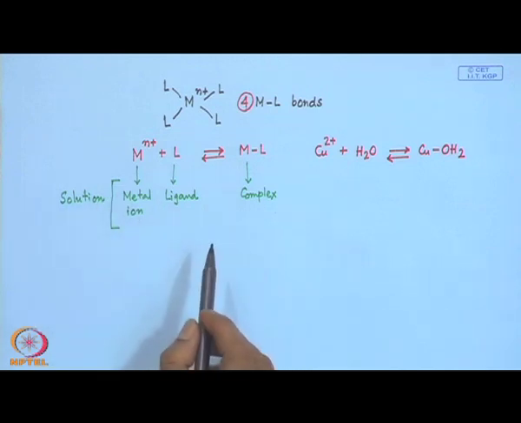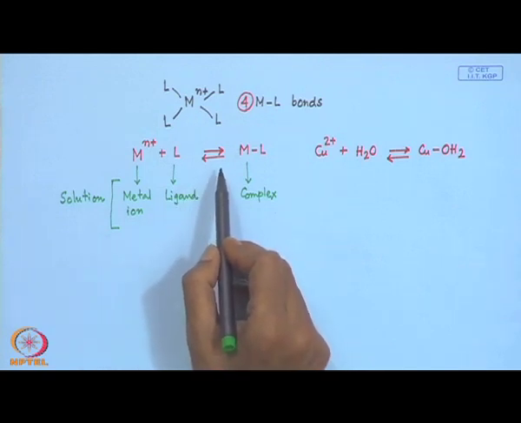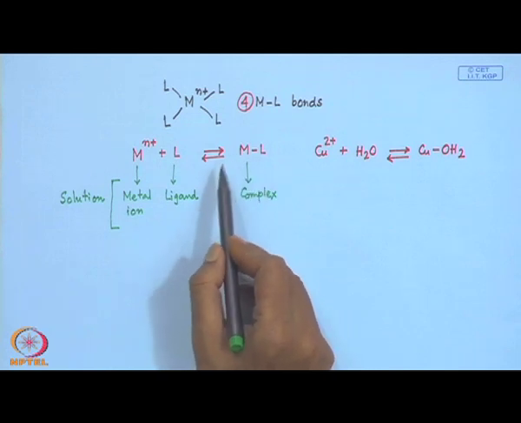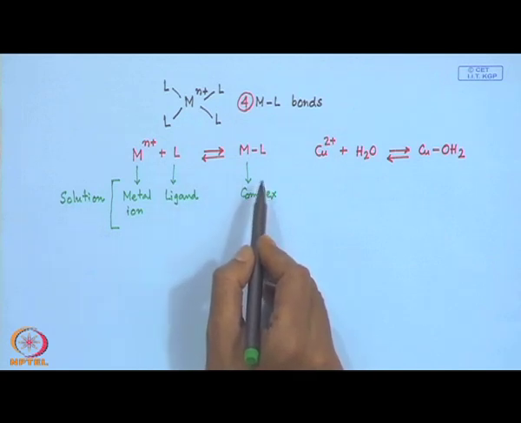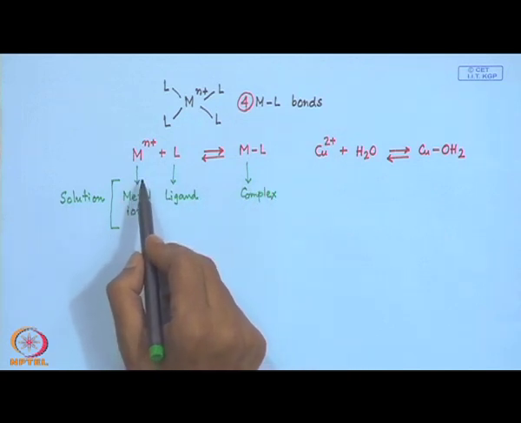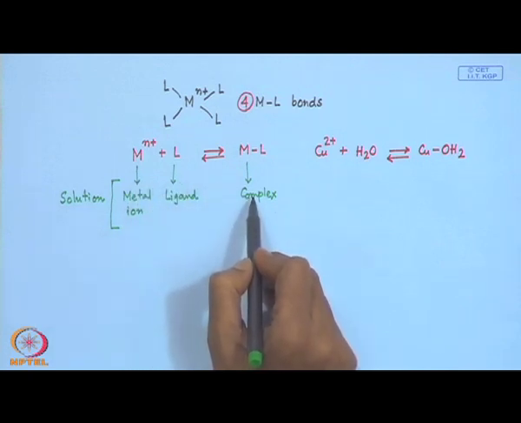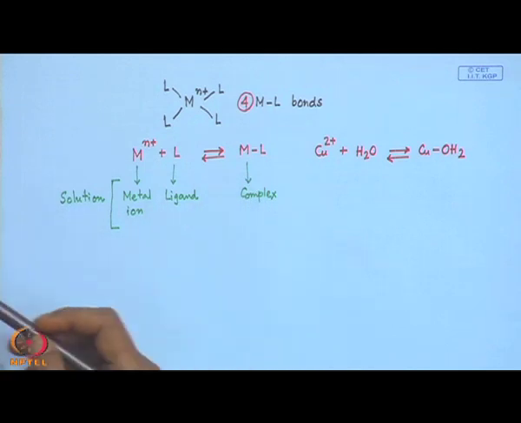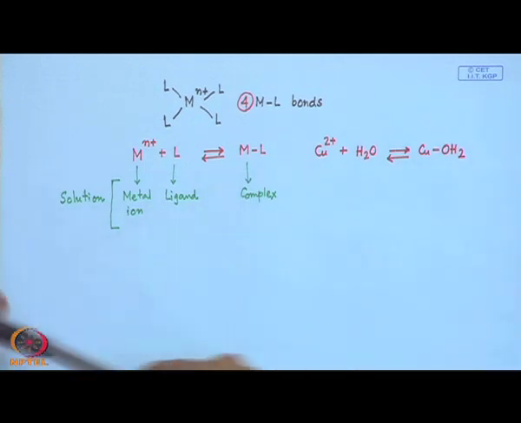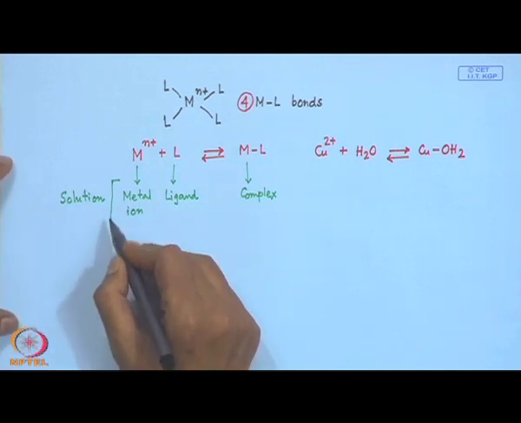So, if they are in equilibrium, depending on the reaction condition and the medium, how do we know what percentage of the reaction is going from left to right, that means the corresponding affinity of the metal ion to react with the ligand to form the complex species, with at least one metal ligand bond forming? So, how can we monitor that equilibrium process? That is the question. We know the corresponding concentration of the metal ion.